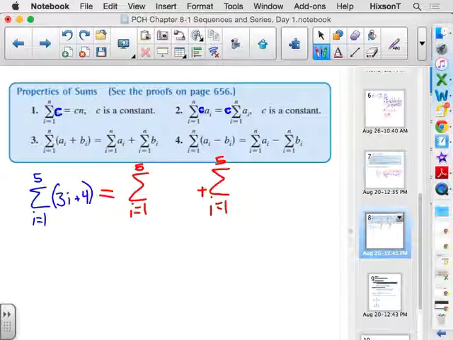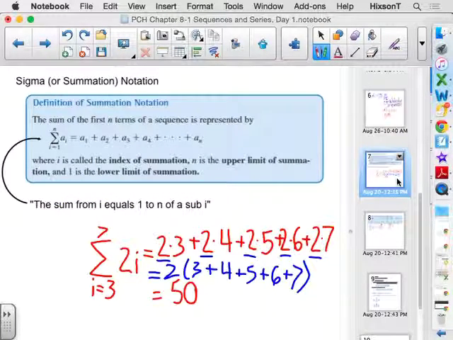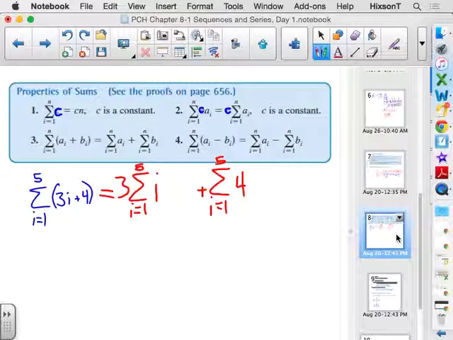Here, I would just be adding 4. What would I be adding up over here? The 3i. What can I do with that too? Pull the 3 out. So I could have 3 times the sum from i equals 1 to 5 of just i. Why can you pull the 3 out? Because of the property we saw, that 3 is a common factor.